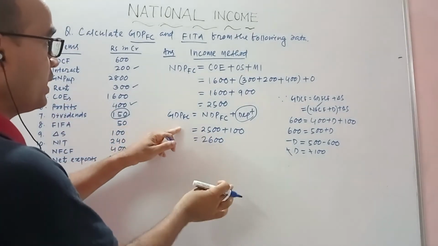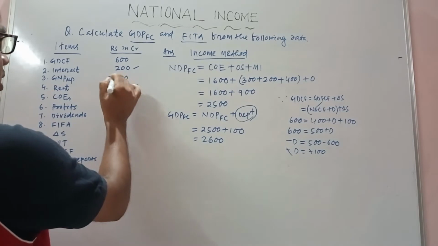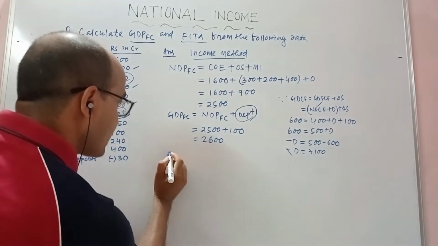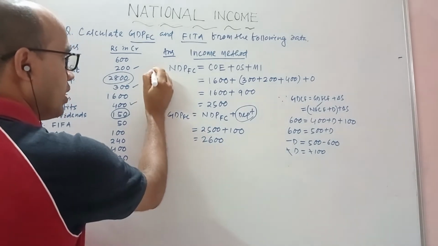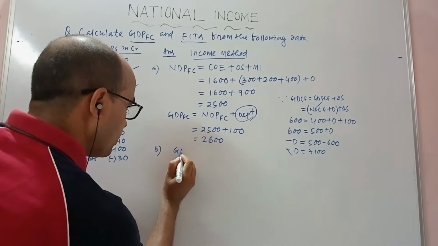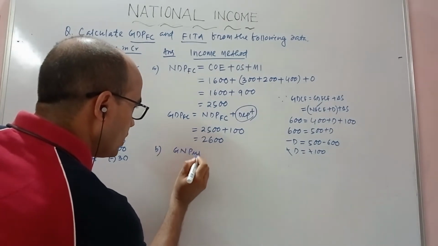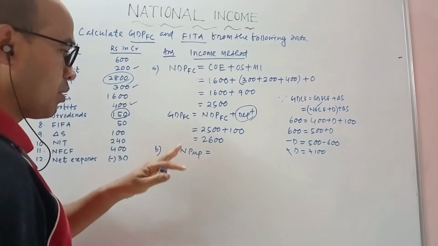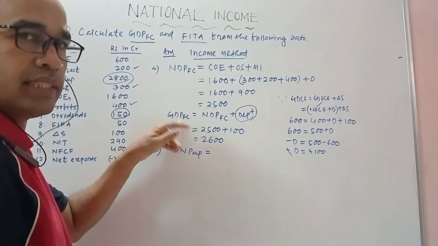To calculate your FITA, one term is there that is known as GNP. So what you do, students, you write it. Second, this is the first one. Second one, you write that the GNPMP is equal to, which one you want to write? If you want to write GDPFC or NDPFC, whatever, maybe I have no problem. Suppose you want to write GDPFC.